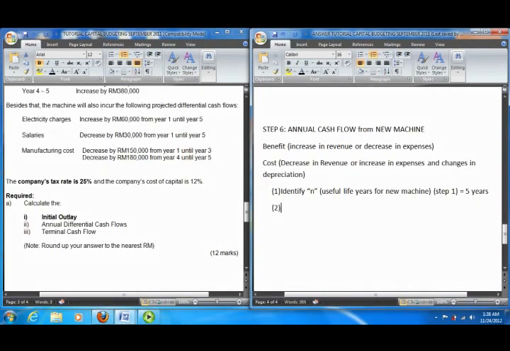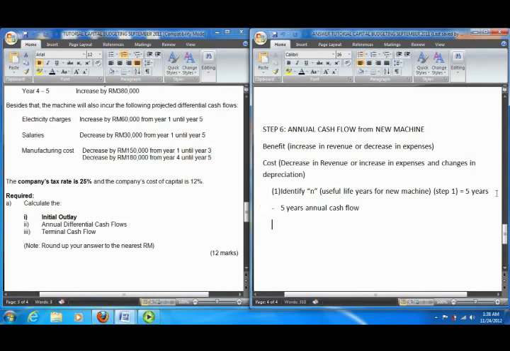Okay, class. It means that if your new machine's useful life is 5 years, you need to calculate 5 years of annual cash flow.